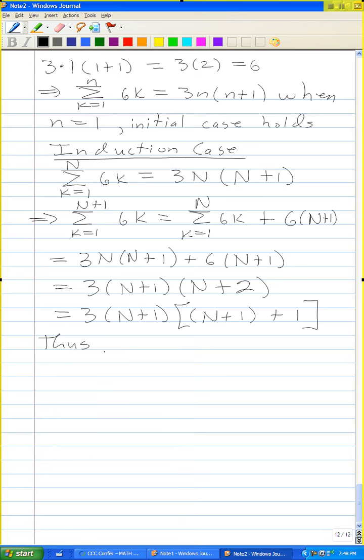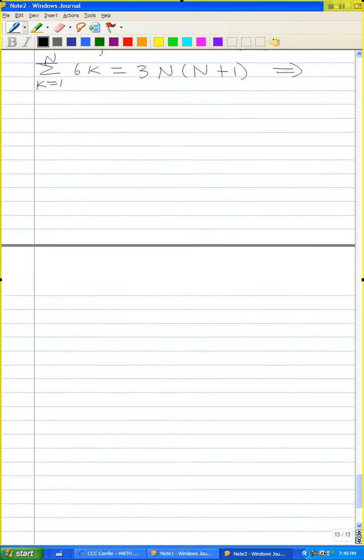So thus, I've shown that assuming that this formula is true for the nth term, then it is true for the n plus first term.